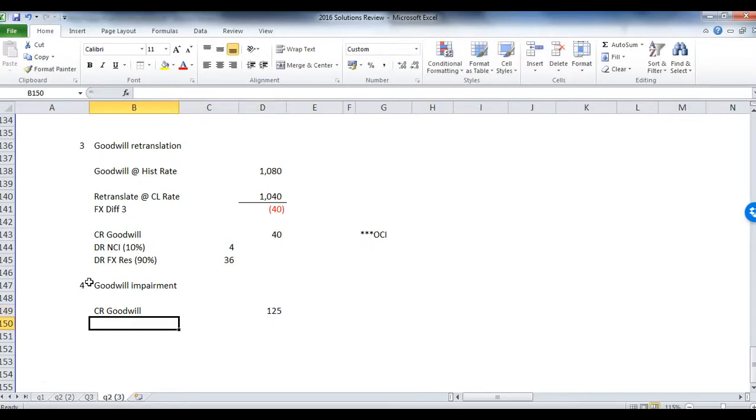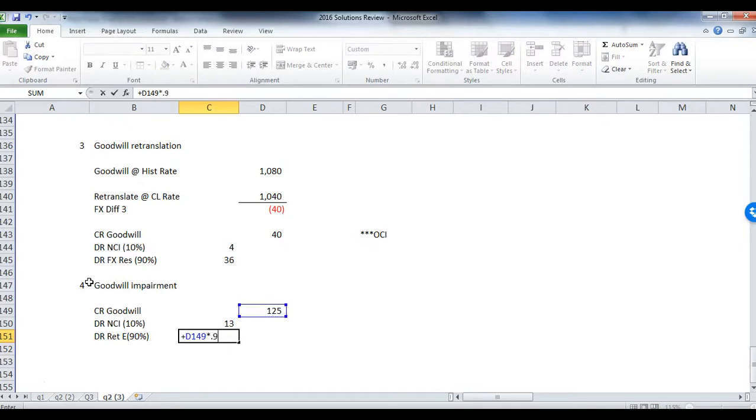Now remember here, because the NCI is measured at its fair value, they're going to get some portion of the impairment as well. So they're going to get 10% of it, and debit retained earnings the 90%. That's only because the NCI is measured at its fair value.